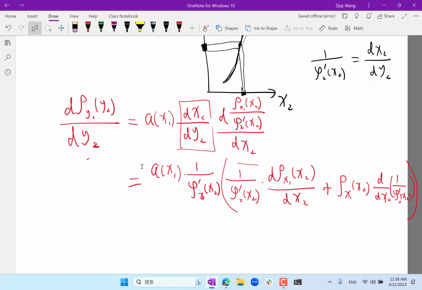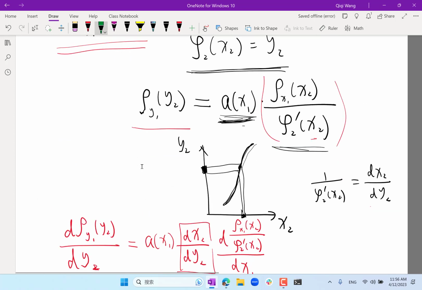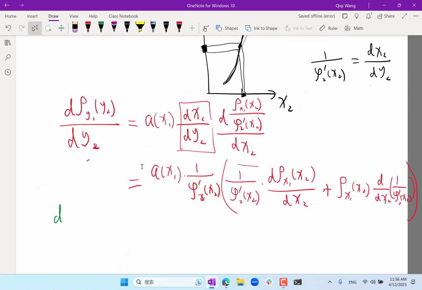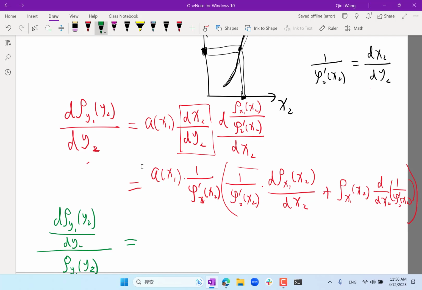Okay, and the final step in deriving the fractional derivative is to divide the derivative by the density itself. And here we can see the cancellation of this a. So we divide this by the density itself, and we actually need to use this formula here.